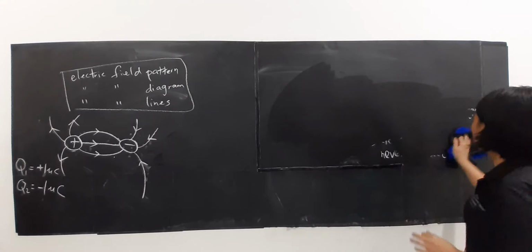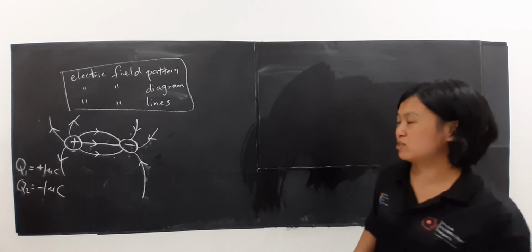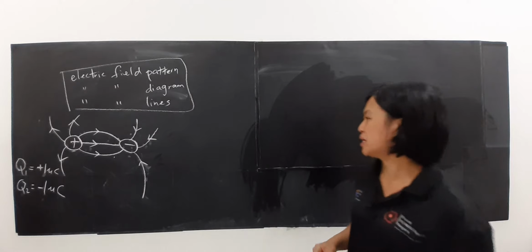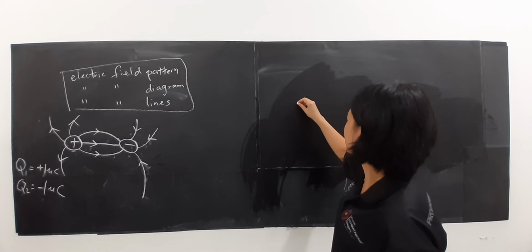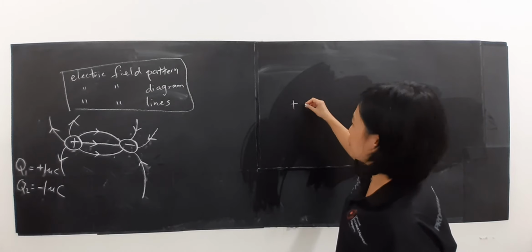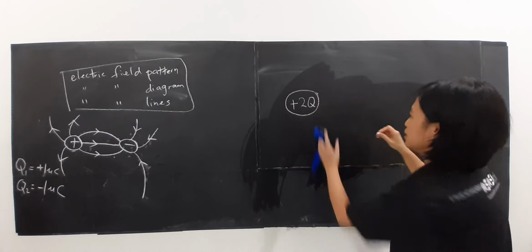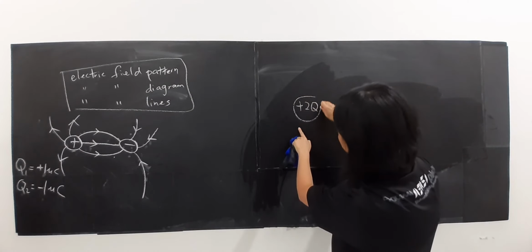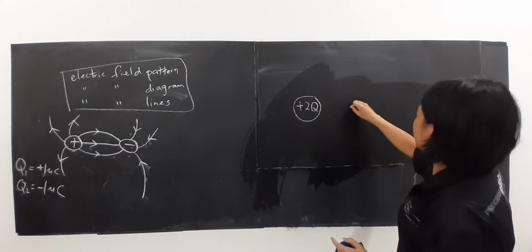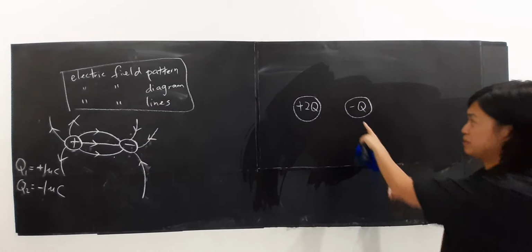So these are the two rules you should know when you sketch the diagram. What if in the question you are given positive 2q and then this one positive q?